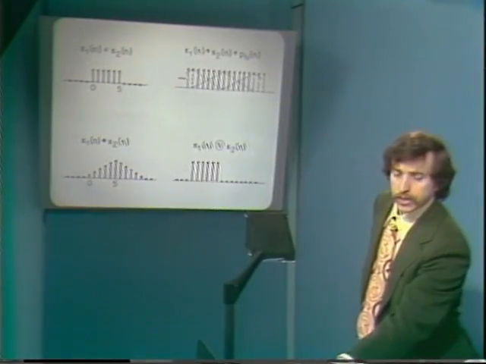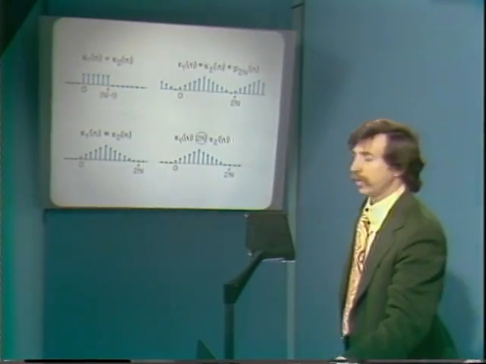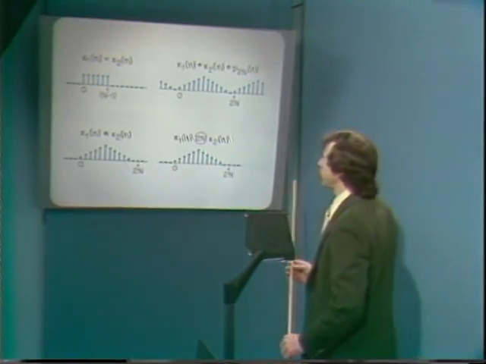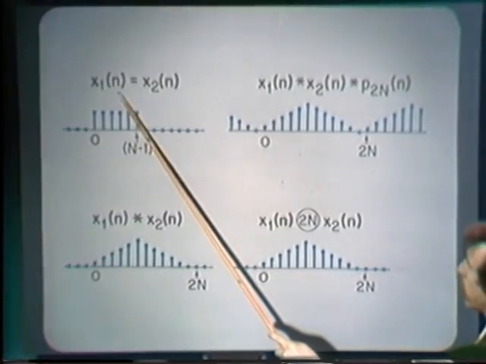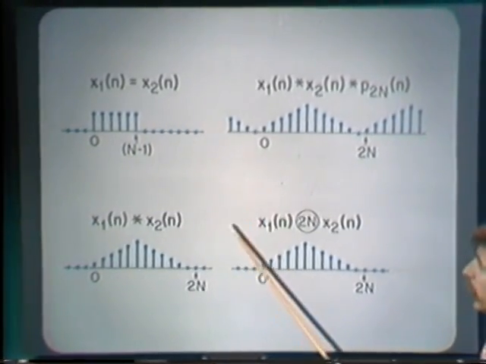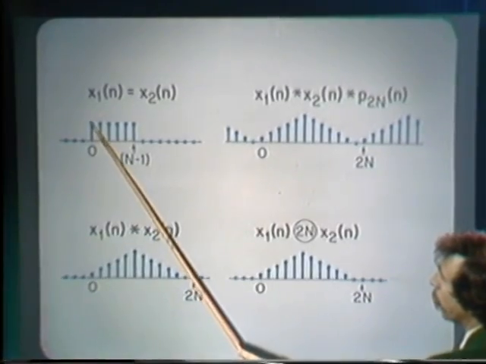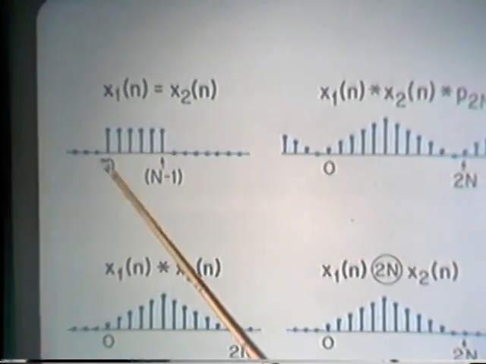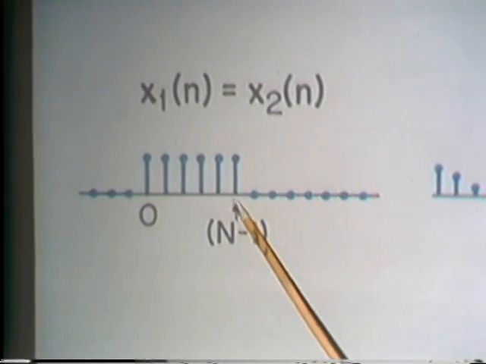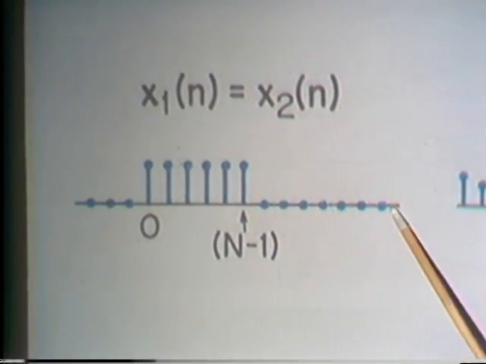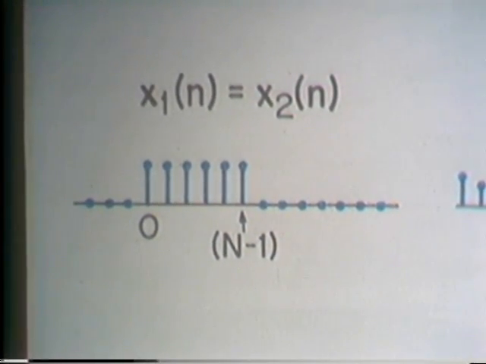All right, well, let's look at another example. Actually, it's the same example, but with one slight change to it. Here, again, I have x1[n] equal to x2[n], and again we take both of them as a boxcar sequence. In other words, rectangular, or constant value, in the interval 0 to N minus 1 and 0 outside that interval.